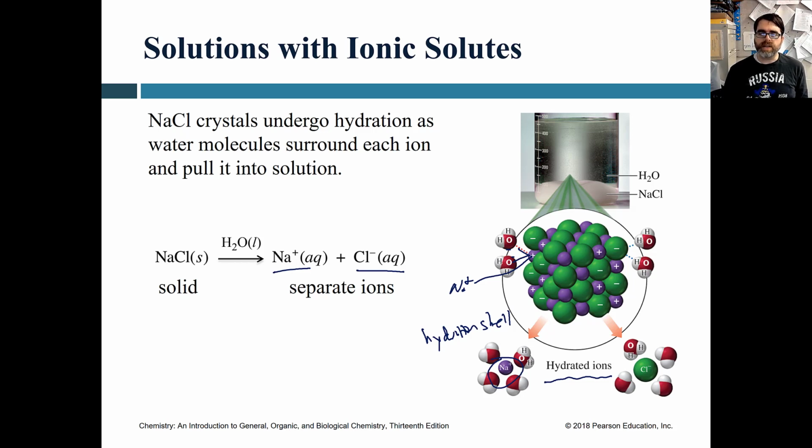The chloride ions, being negatively charged, are attracted to the hydrogens, and so the water molecules here, you'll notice, are oriented oppositely. And I'm sure I've mentioned it before, but water always looks like Mickey Mouse. So a positively charged ion will have the head, which is the negative oxygen side, touching the ion, whereas the negative ion will have the positively charged ears touching the ion.